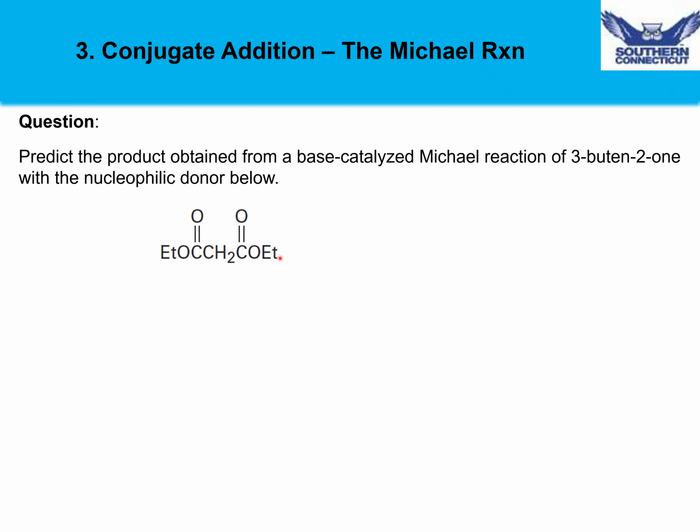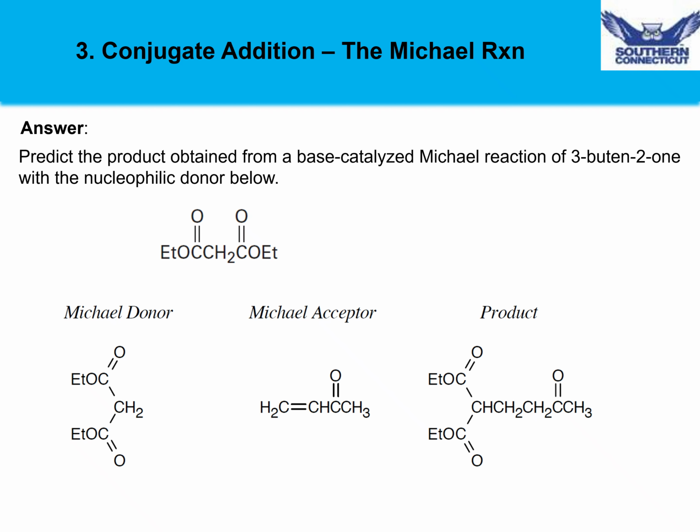In this question, we're going to try to predict the product from a base-catalyzed Michael reaction of 3-butene-2-one with the following Michael donor. So this question asks us to predict the product of a Michael reaction between this diester, which will be our Michael donor, and the following Michael acceptor.